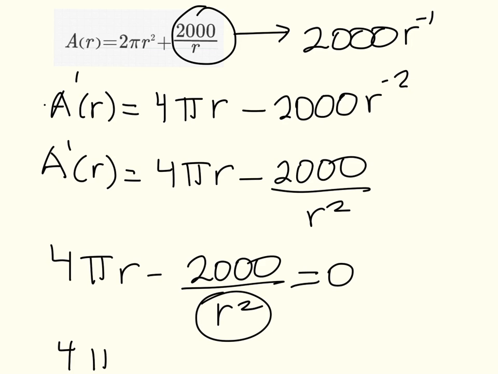So we'll have 4 pi radius cubed minus 2000 equals 0. And solving for radius, radius cubed will be equal to 2000 over 4 pi. So radius will be the cubic root of 2000 over 4 pi.